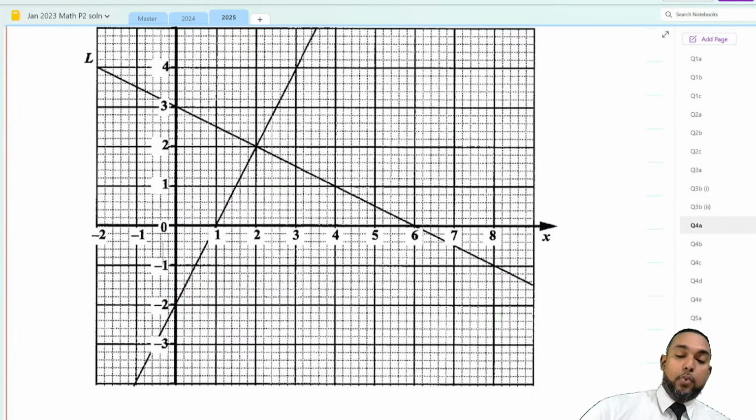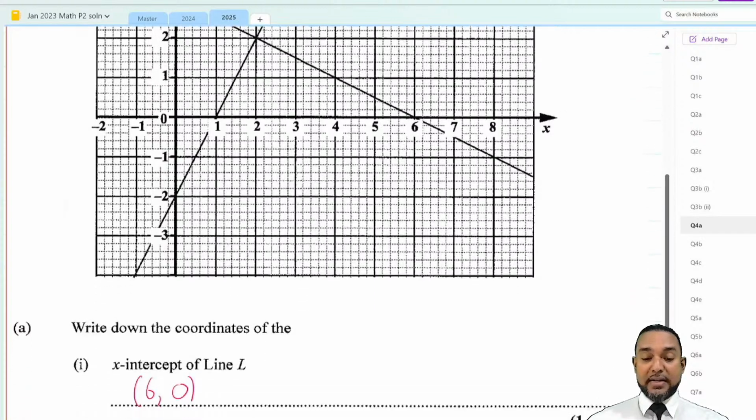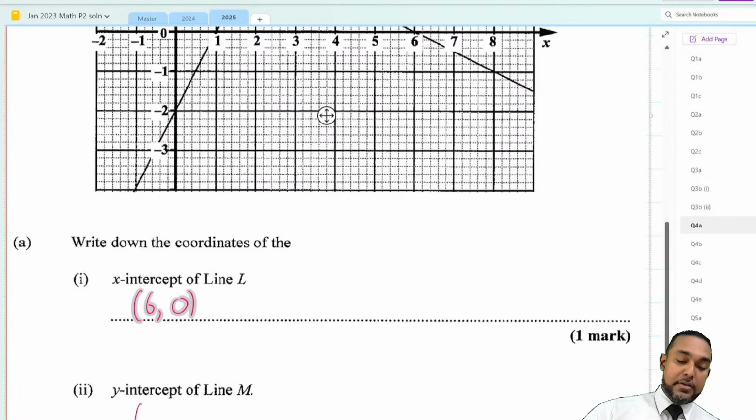The x-intercept is the point on the x-axis that the line passes through, and on the x-axis at any point, y is always 0, right? The y-intercept is the point on the y-axis through which the line passes, and at any point on the y-axis, x is always 0. So the coordinates of the y-intercept of line M are 0 on the x and minus 2 on the y.